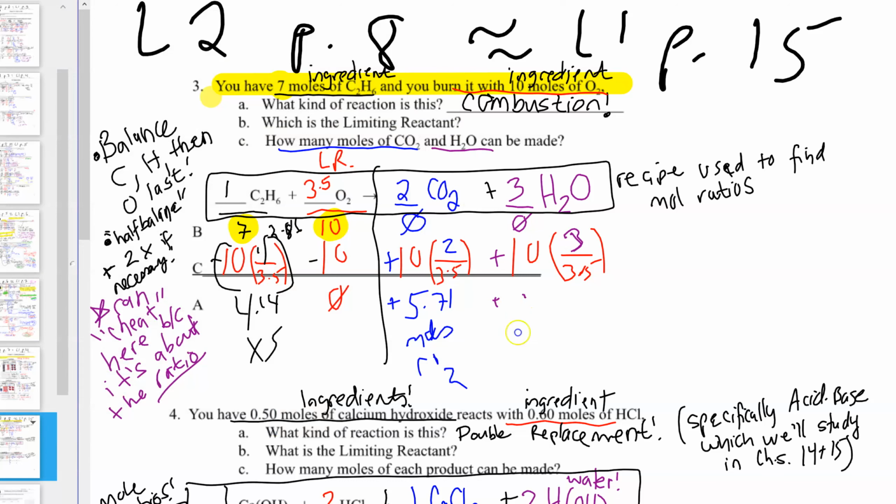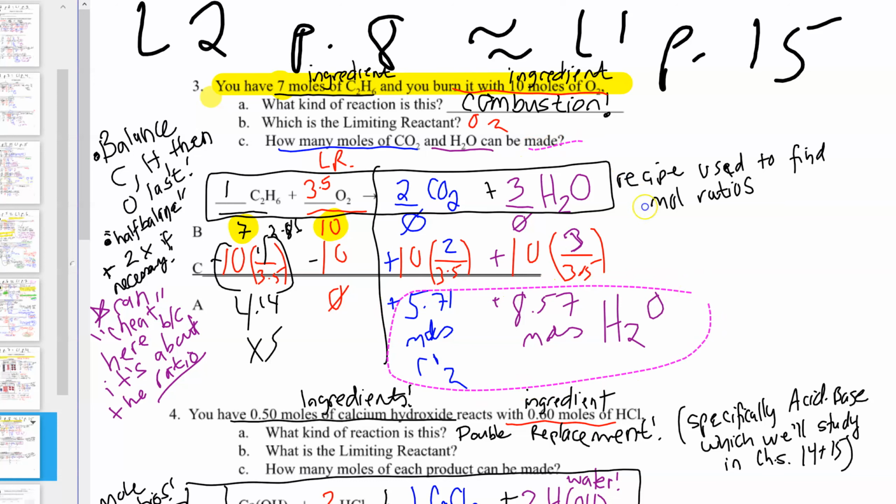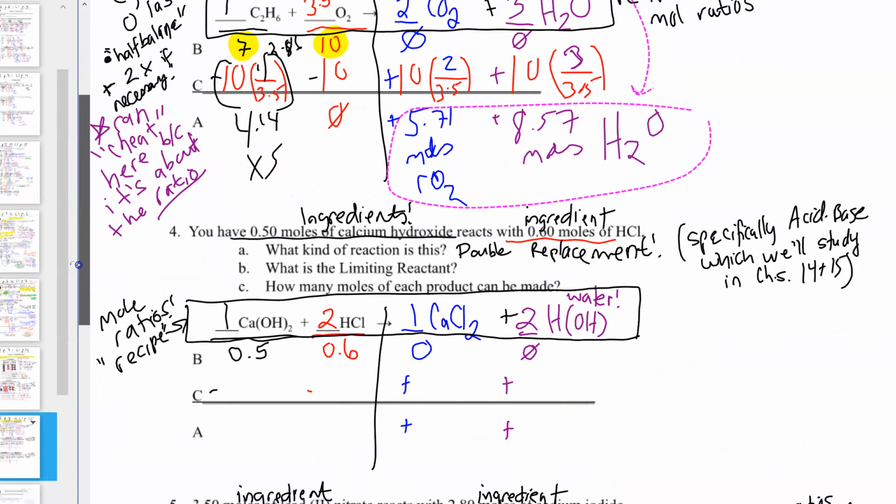So I just created 8.57 moles of H2O. So what was limiting in this problem? It was oxygen. And then their final answer right here. So this answer comes right here. Okay? Oh, and that's supposed to be CO2. A little crooked. Okay, we got 2 more problems before we're done.